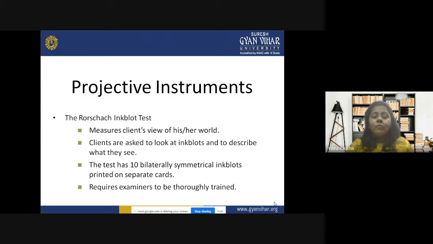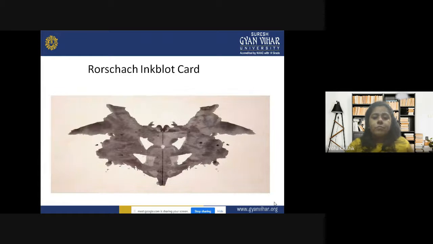Means he should have full training in using the Rorschach ink blot test. Now, this is an example of a Rorschach ink blot card. That card is presented, and the individual has to see what type of picture comes to mind, what the thought process is when he is seeing that particular image.